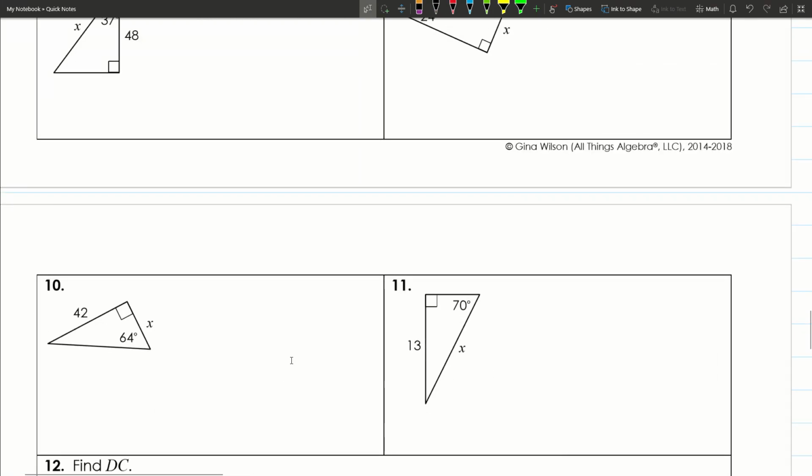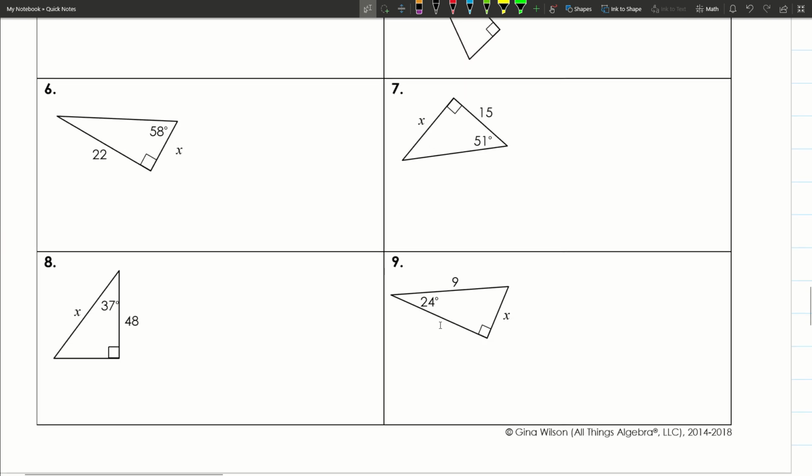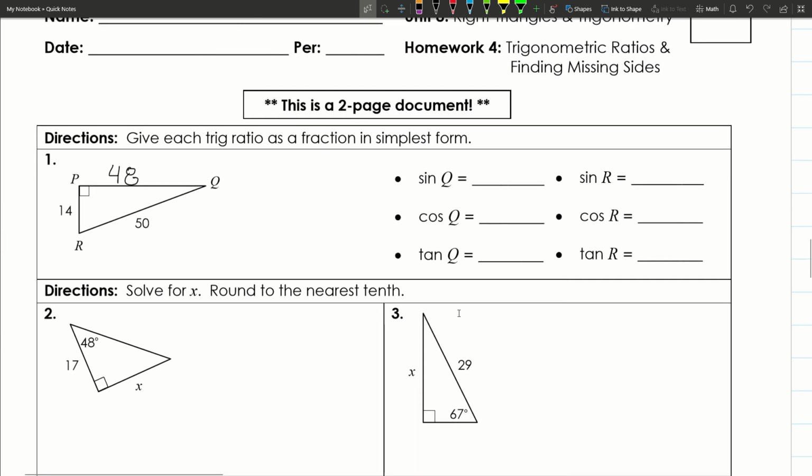I want you to just practice the triangles for me. Be careful. Make sure that you identify your hypotenuse first. And again, remember this side length right here is 48. Good luck.